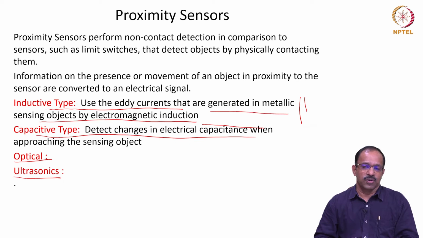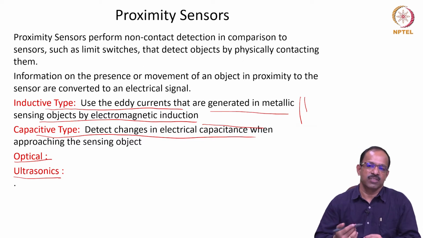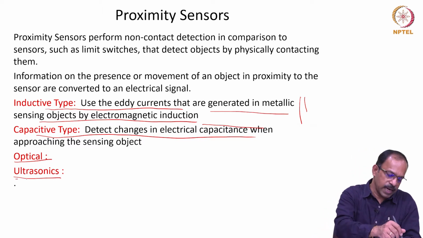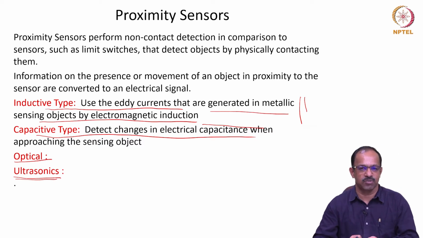In an optical sensor, when light is reflected, or the light is obstructed by some objects in the vicinity, that can be used as sensing of the presence of an object near the sensor. Similarly, ultrasonic sensors emit ultrasonic waves, which reflect from an object, and that can be used as a sensing of objects near the sensor.